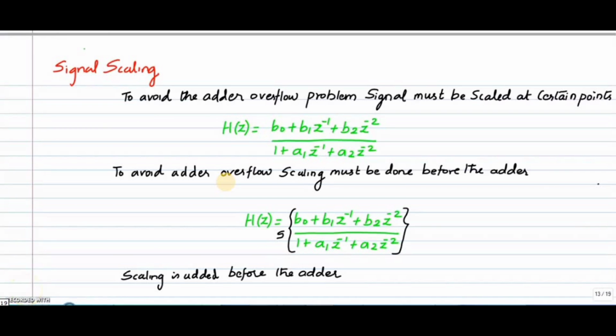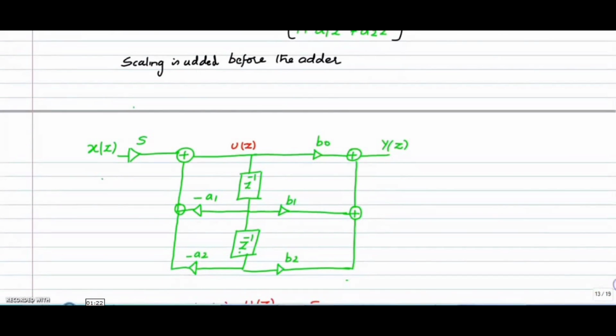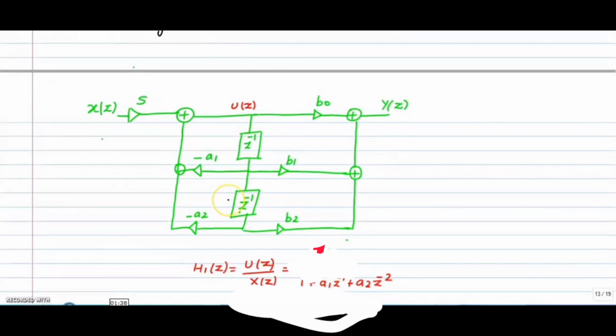To avoid the overflow, we have to add the scaling before the adder. So H of z is equal to S into this one. So I have added the scaling factor S before the adder, right? I have implemented this in direct form 2, the above equation, and I have added the scaling factor S, right?